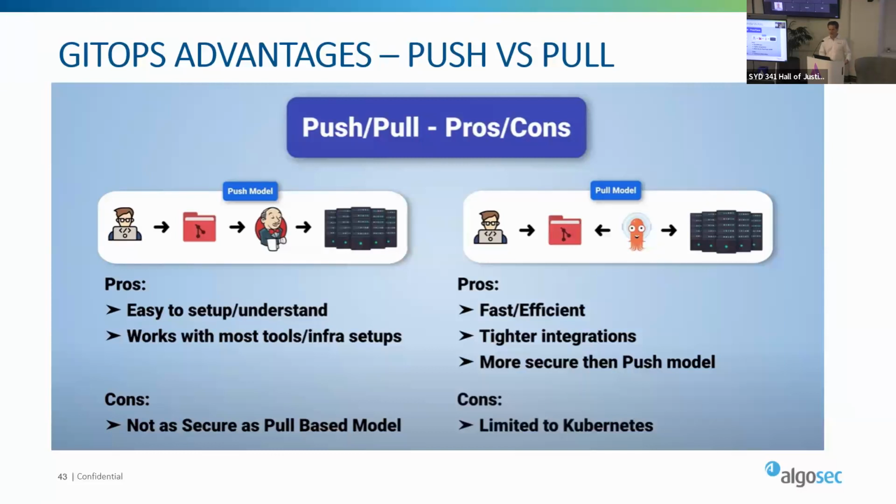It's better to have control on the changes and have it all automatic rather than manual. The pull model is fast, efficient, tighter, and more secure.